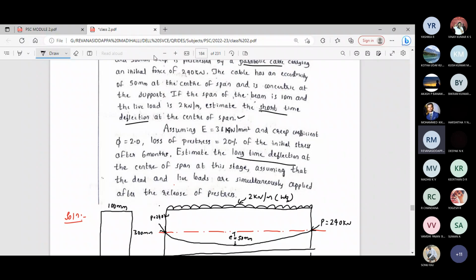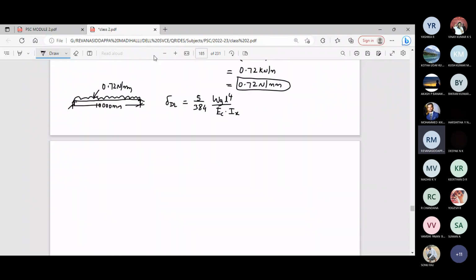How much is it given? 38 kilonewton per mm square. In terms of Newton per mm square, it is 38 into 10 power 3 Newton per mm square. And length is 10 meter, nothing but 10,000 millimeter.